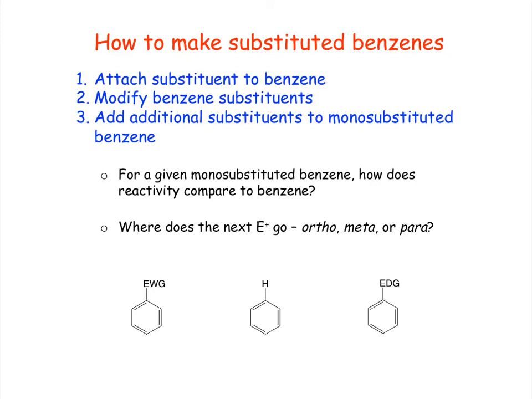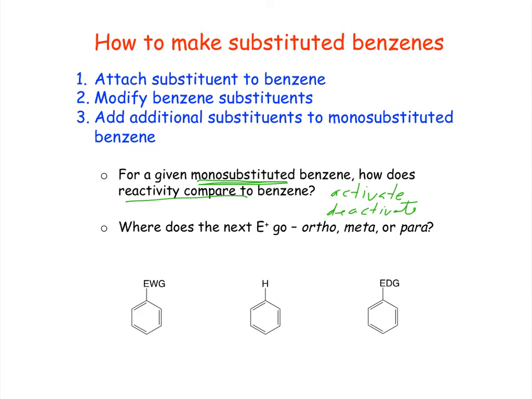One is, if we have one group on there, if we have a mono-substituted benzene, how does that substituent affect the reactivity of the benzene? Does it activate it or does it deactivate it? In other words, does it make the benzene even more reactive, or does it make it less reactive? All right, so we're going to look at that.